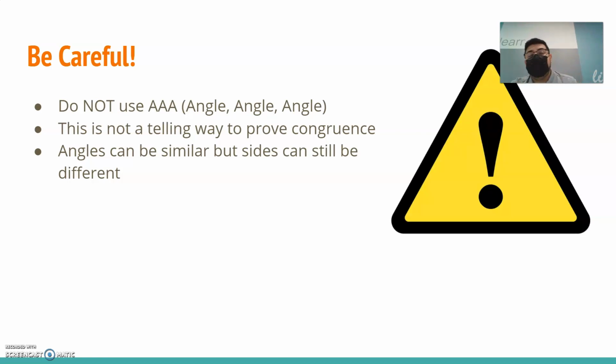So you can have like 20, 40, and 38, whatever the measurements are inside, it could equal another triangle, but that doesn't mean the sides are going to add up. It just means how much the sides are moving. Does that make sense? So angles can be similar, but sides will still be different. So don't fall for that.